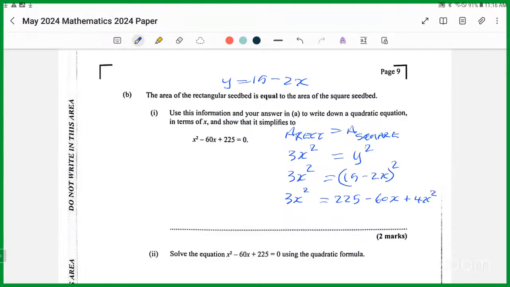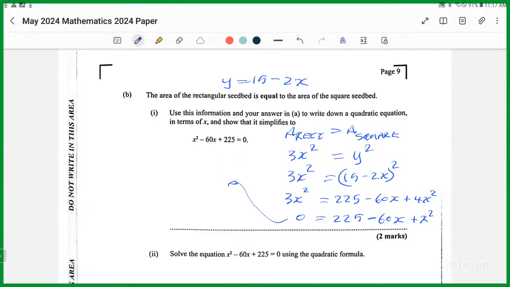That's what we have. And this is actually this equation because when we take this 3x squared, bring it over here and subtract it from that 4x squared, we're going to end up getting 0 equals 225 minus 60x, and 4x squared minus 3x squared is 1x squared, which we can just write as x squared. And this is basically the same equation, right? So this therefore becomes that, right?